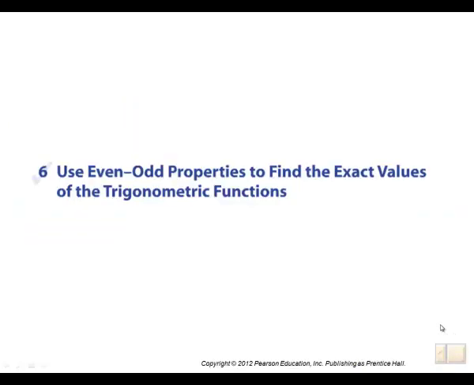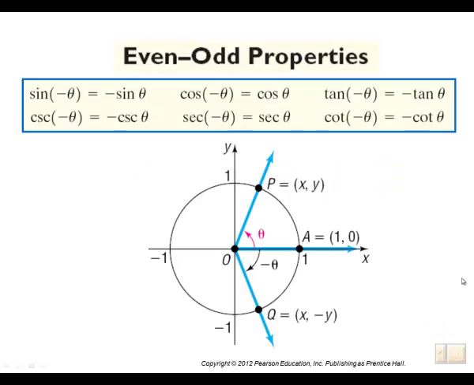Use even-odd properties to find the exact values of the trigonometric functions. Now, if we work our problems counterclockwise, our angles are positive. If we move our angle in a clockwise direction, our angle is negative.